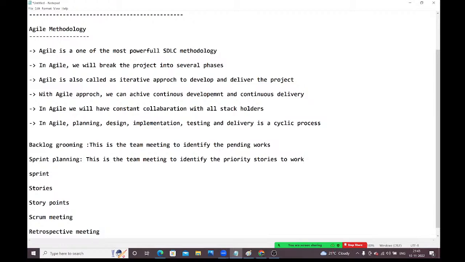First priority stories we need to put in the first sprint, second priority stories in another sprint, least priority stories in another sprint, like that. We identify the stories priority-wise in the sprint planning session.